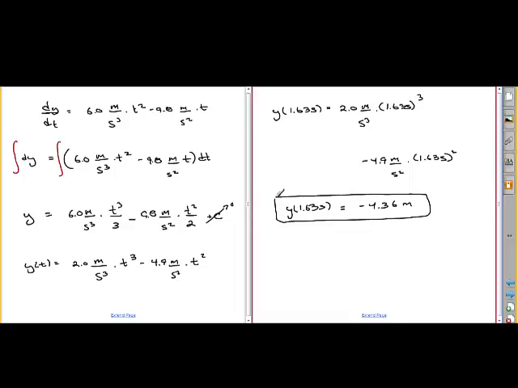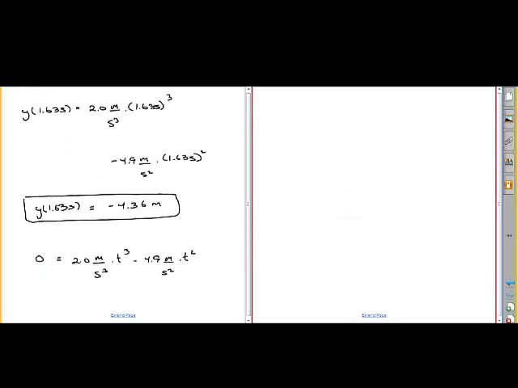And it says, what value of t does the box return to its initial position? So what we do there is we want to set this equal to 0. So the initial position was 0, so now we figure out, we'll actually use this equation here. So you get 2.0 meters per second cubed times t cubed minus 4.9 meters per second squared times t squared.